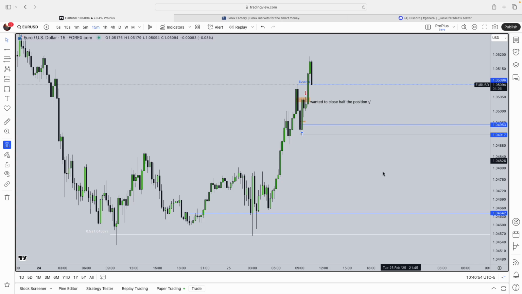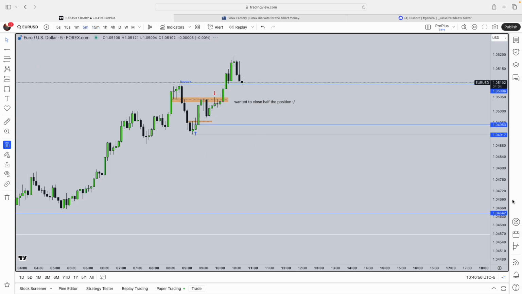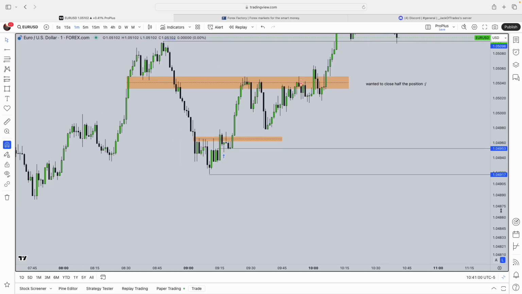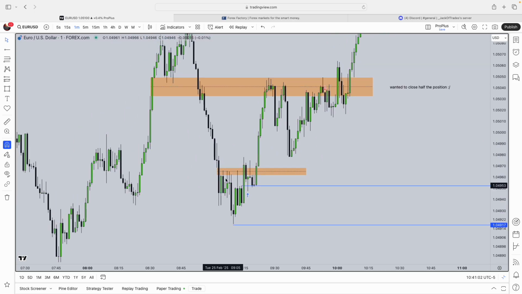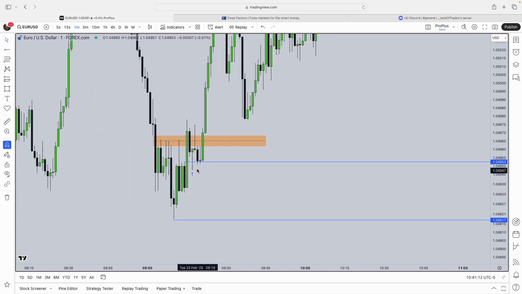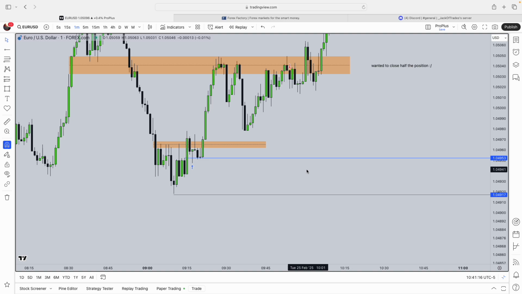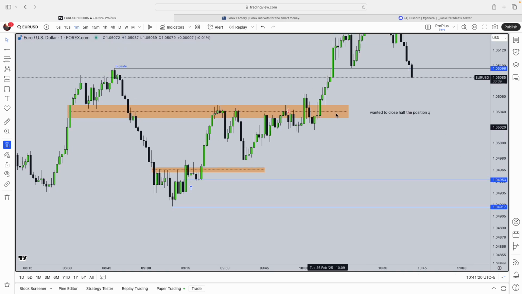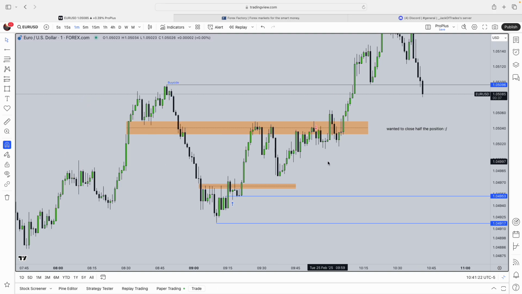Am I upset about me not taking this trade on my actual account? Looking back at it now, it was a nice low, high, low, high, high, fair value gap there. This is the break here, inside the fair value gap. I mean, when I started seeing the bodies here, that's when I potentially thought we was definitely onside, and this could be a nice trade.